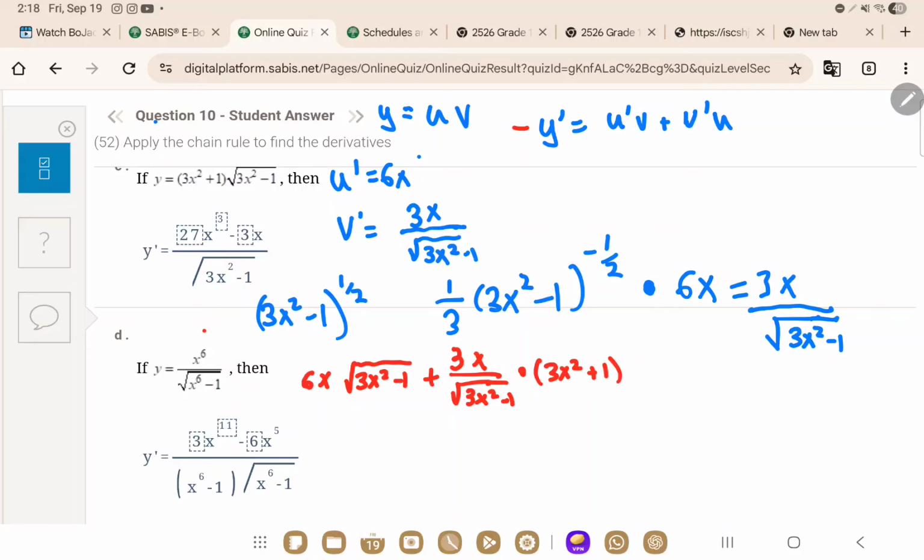Now we make them equal denominators, and personally I'm going to put this all on top so it can be easier for us.